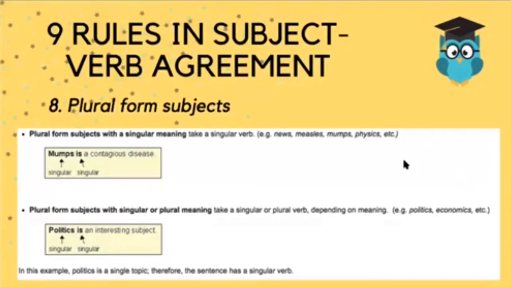So mumps is a contagious disease. Another example, news, measles, and physics. These are plural form subjects, but singular in meaning. And like politics, economics. In this example, politics is a single topic. So therefore, this sentence has a singular verb.